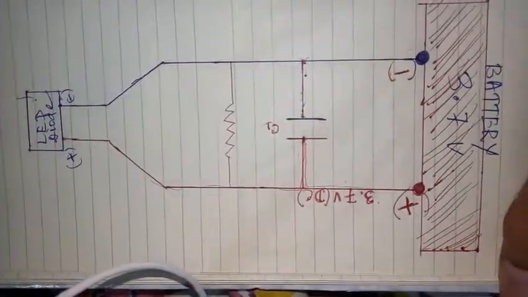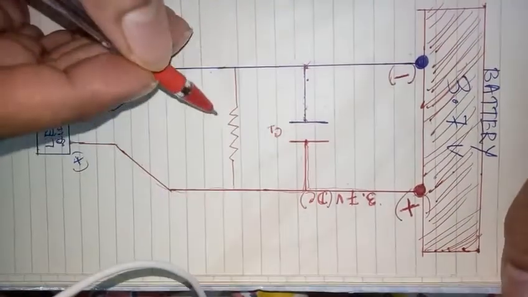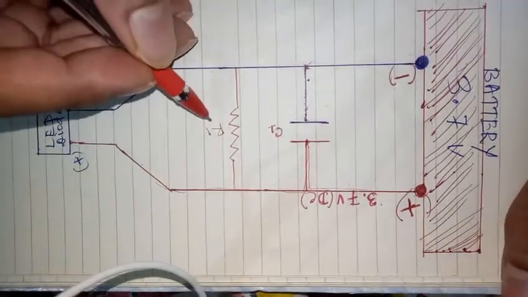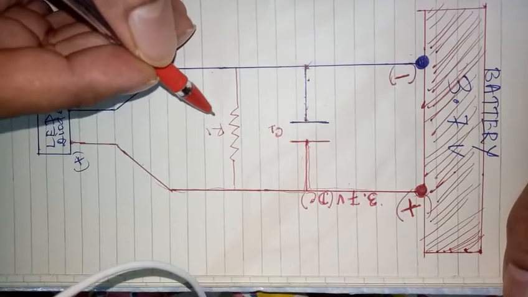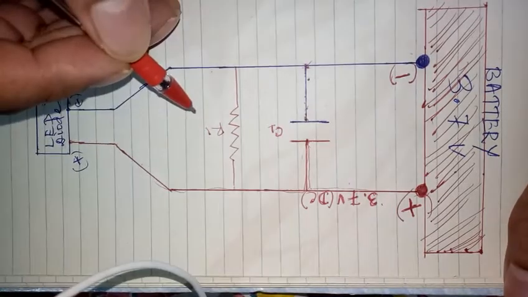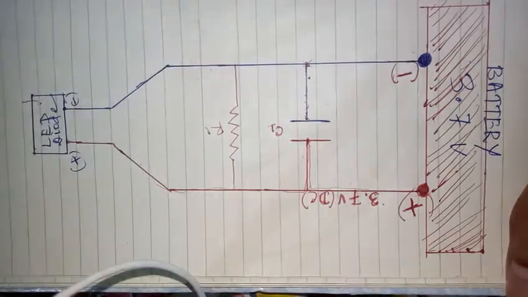Suppose this is R1. Always a resistor is written on a diagram as R.